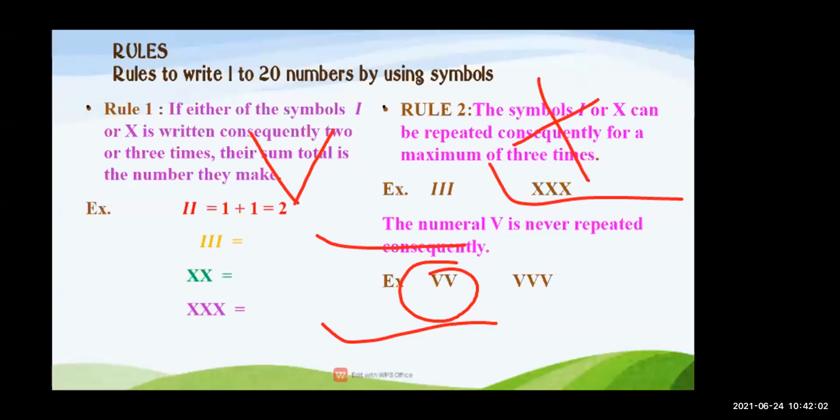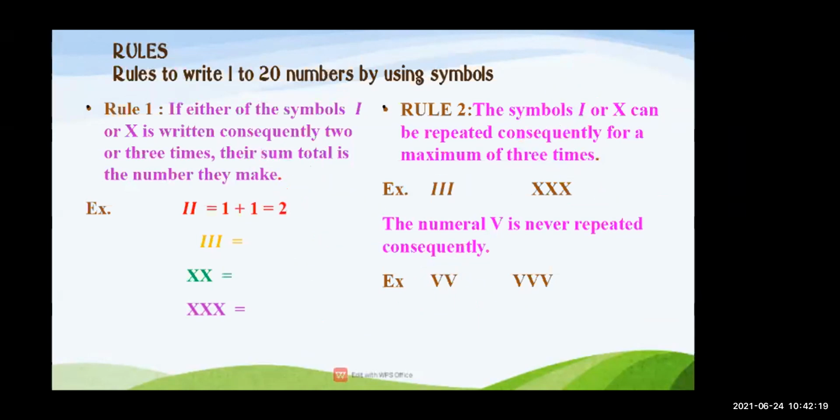We can't write V 2 times or 3 times. So we should write V 1 time and I and X maximum 3 times. Is it clear?